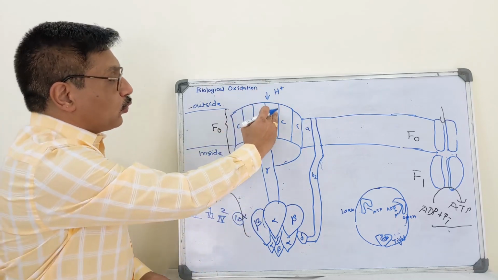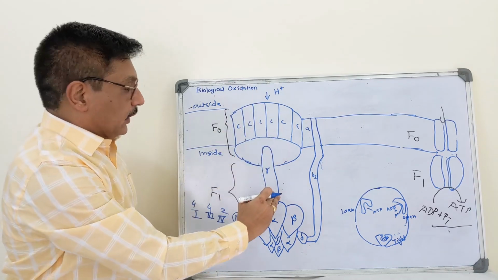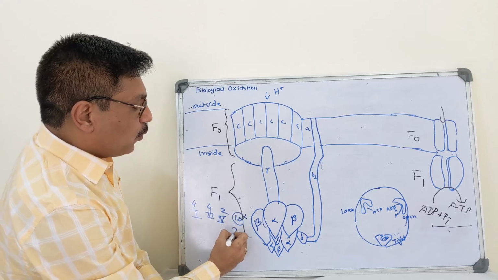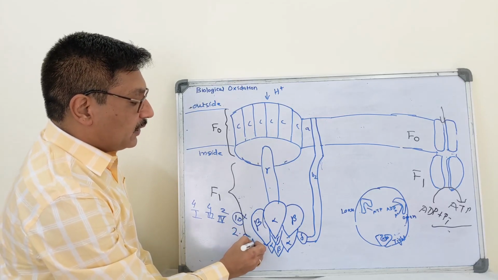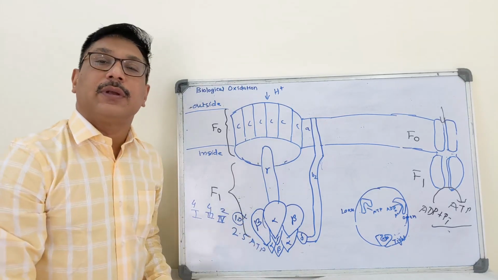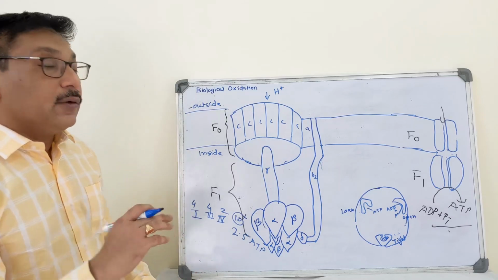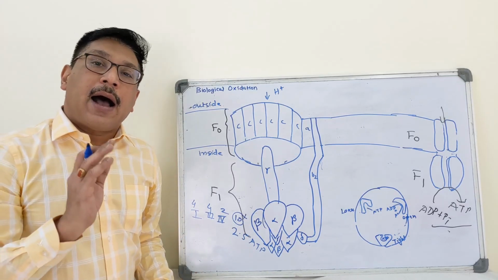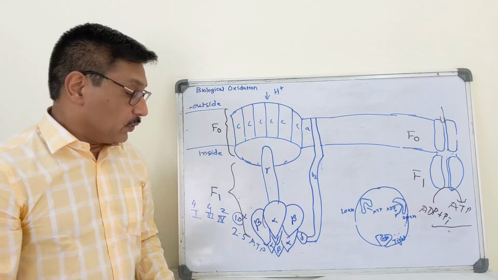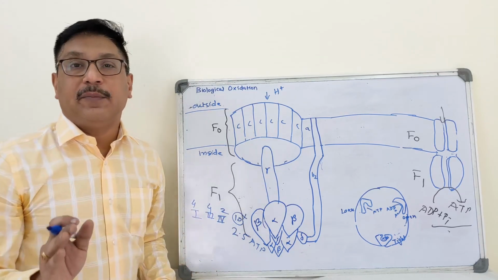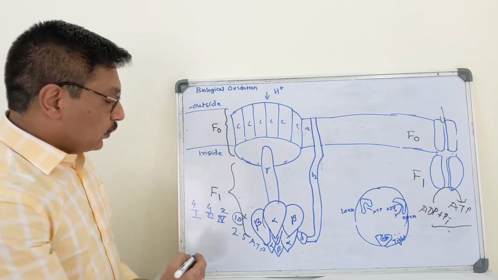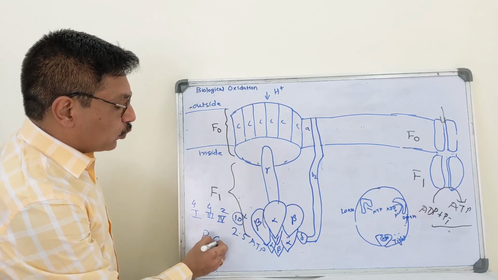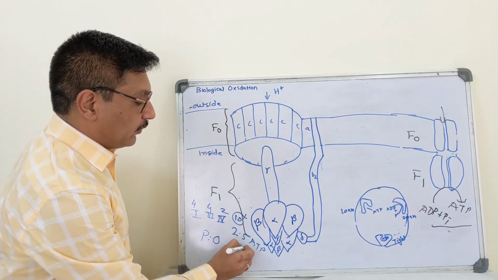While these 10 protons pass through this ATP synthase, 2.5 ATPs are synthesized. So we can say that per half mole of O2, 2.5 moles of ATP are synthesized. So the P/O ratio is 2.5.